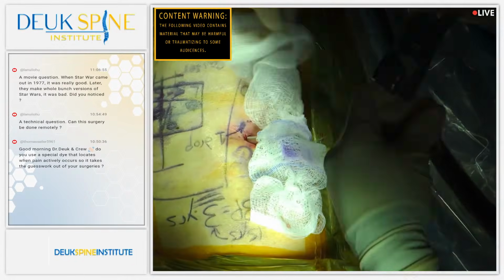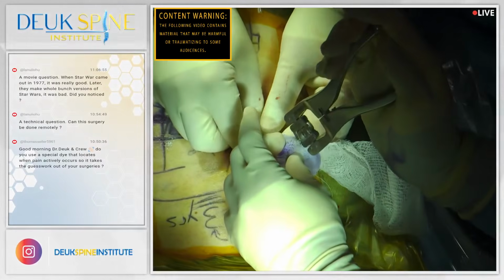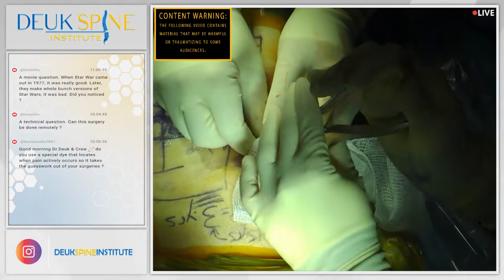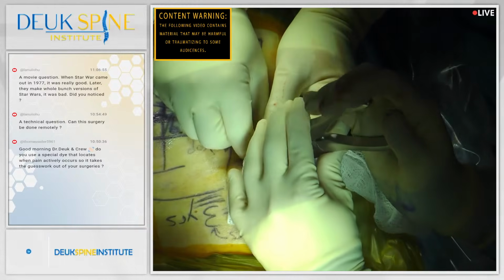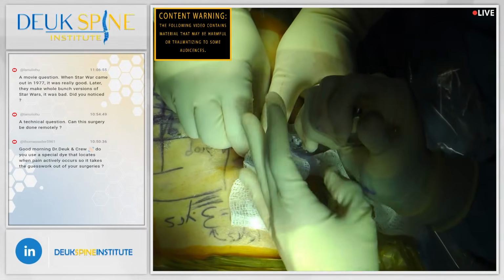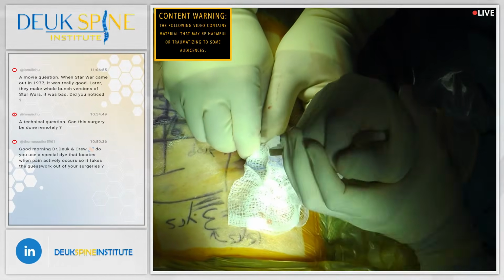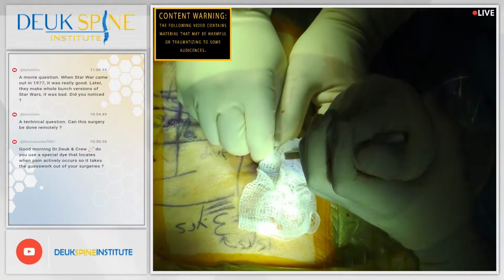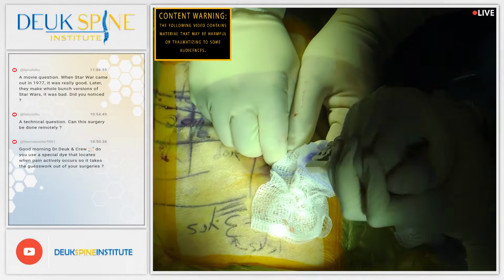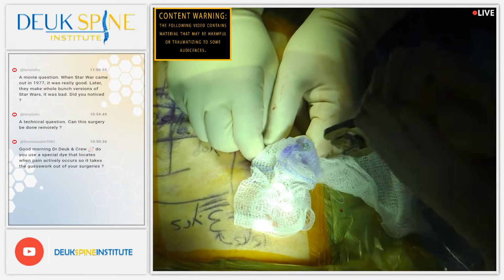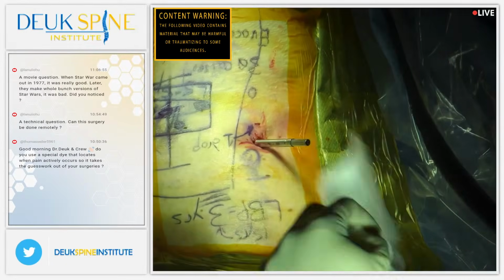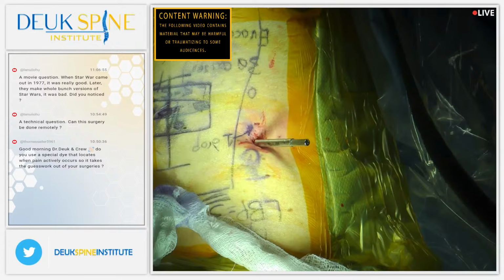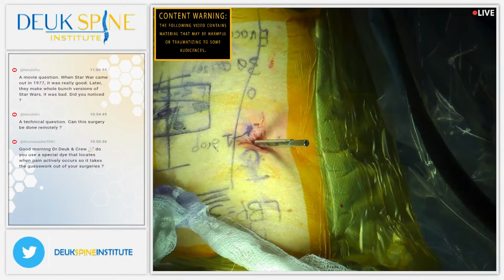Anyway, go ahead, do your best. You called for the vice grip? No, it's okay. If we have to use it, we use it. He's clamping down so hard we can't even get the dilator out.